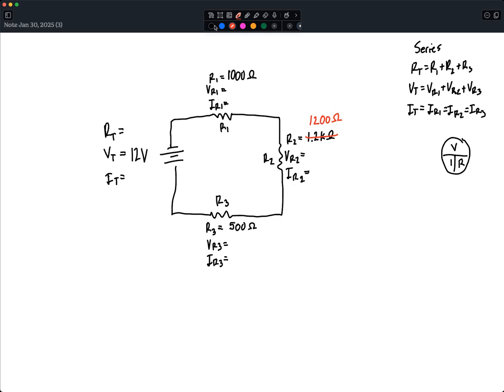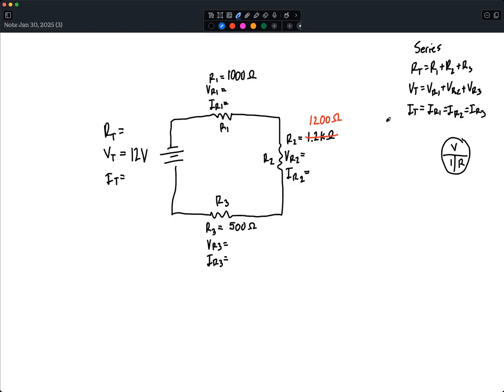First part, we're going to see what we can do. We have voltage total. Voltage total says that they all add up. It doesn't say they're all equal, they just add up. R1, R2, and R3 are not the same number, and they add up to 12.